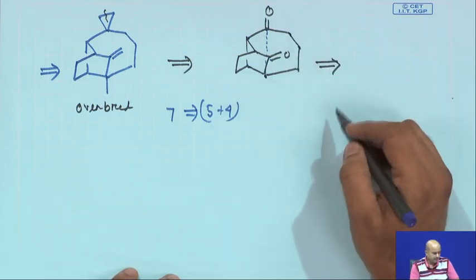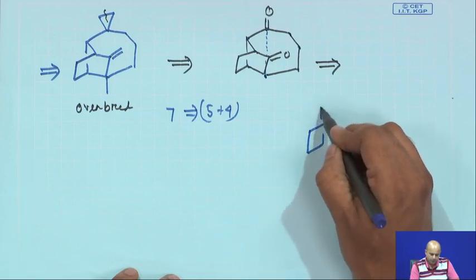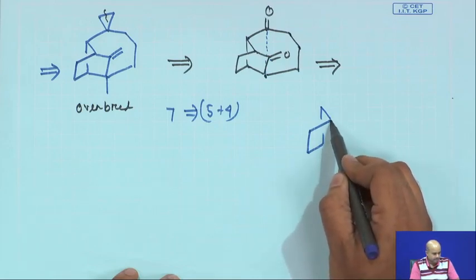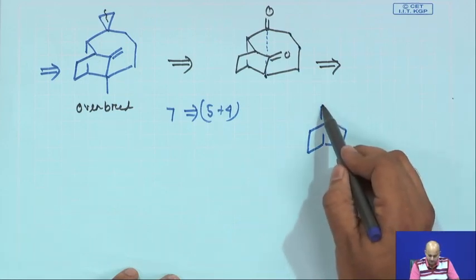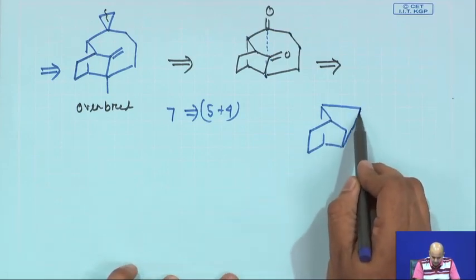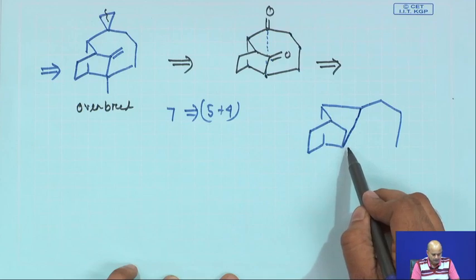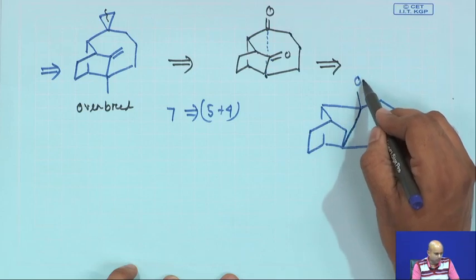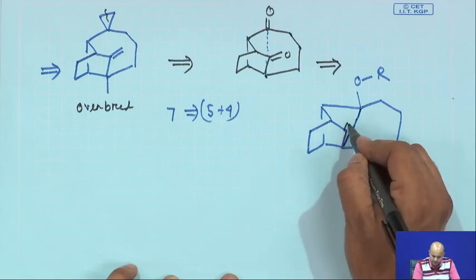So, if you now do a retro and then now connect these things here, this is a particular bond, and then now I am saying this O R, and the central thing you are having a carbonyl.